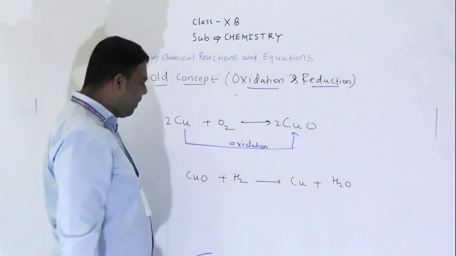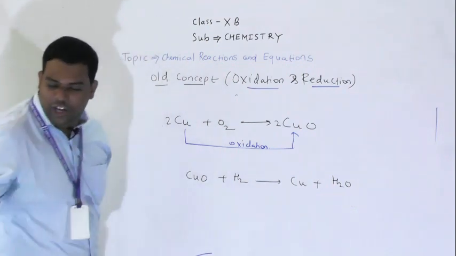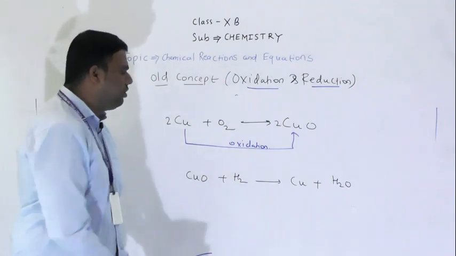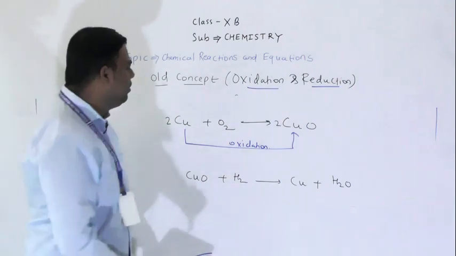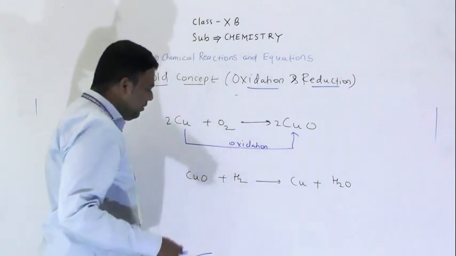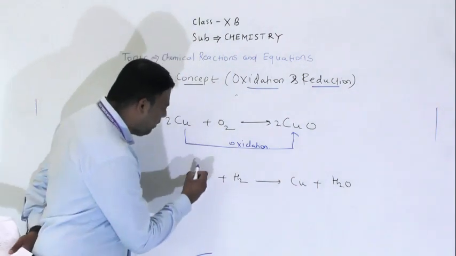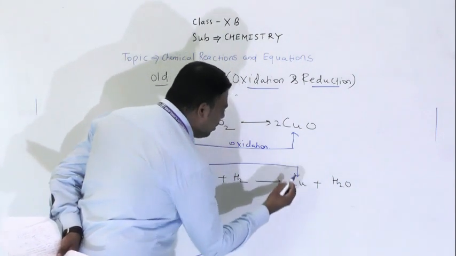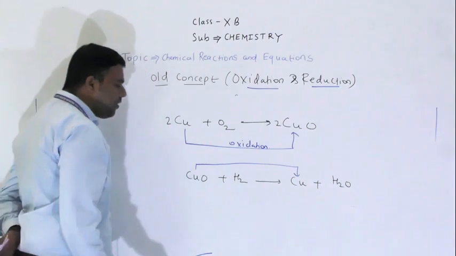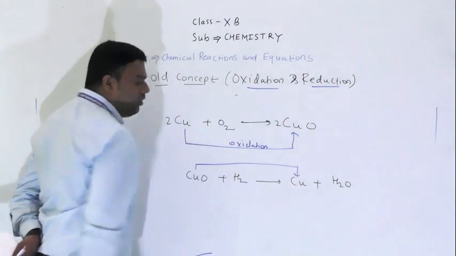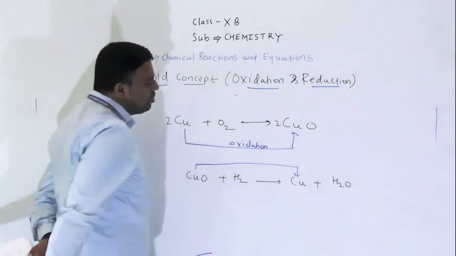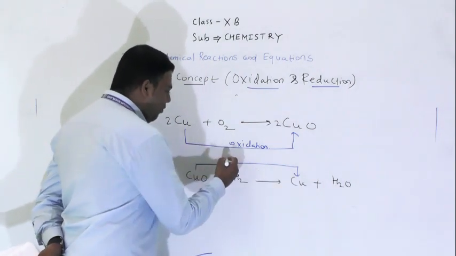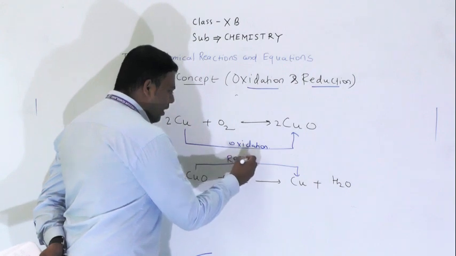Now you can simply observe in which element reduction and oxidation take place. From CuO to Cu, here there is loss of oxygen, not addition of oxygen.